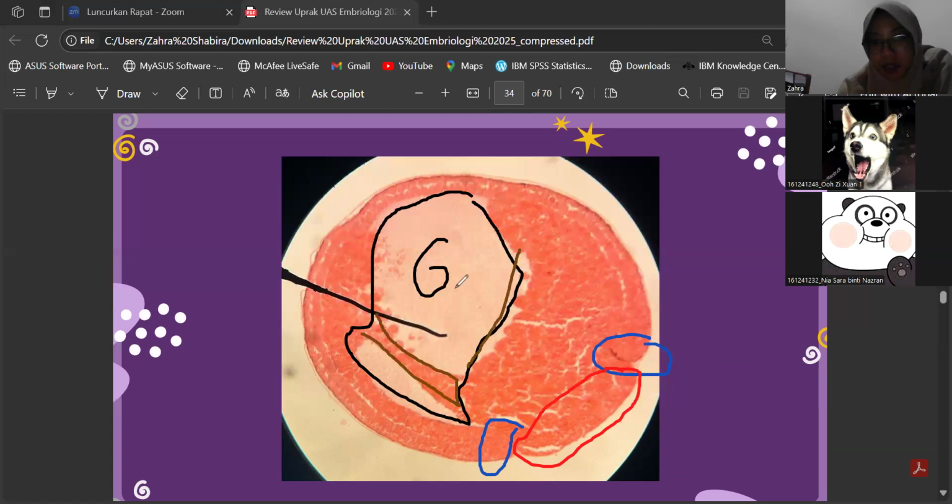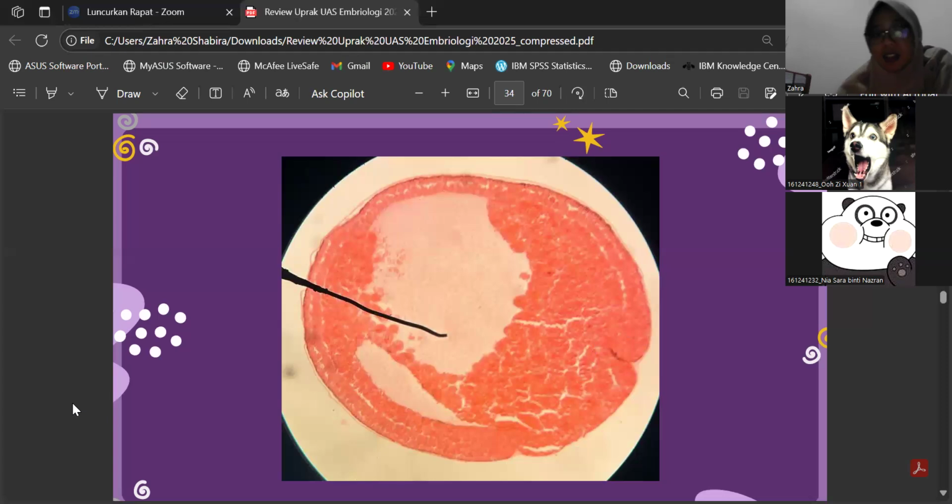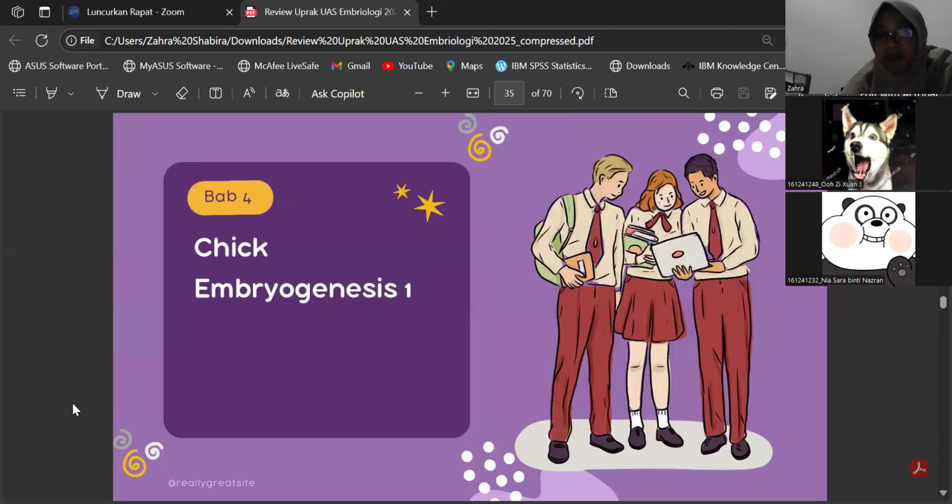It's ruptured and makes a gap between two cavities, so it has two cavities, but it should only have one cavity. It is gastrocoel or archenteron. I'm just giving this warning about this preparation, because we don't know if this will happen, see, you may find it again at the practical exam.